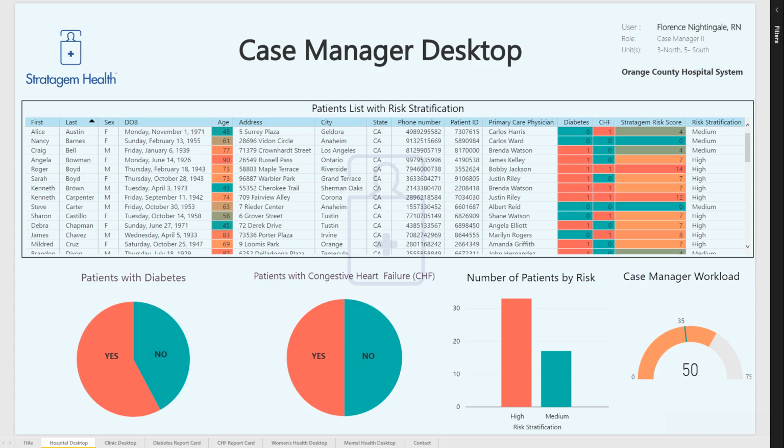Now, Stratagem Health has developed a specific algorithm that is based off of the patient's age, sex, social or living condition, comorbidities such as diabetes and congestive heart failure, if they're getting the appropriate treatment, referrals, imaging, labs, if they're taking their medications, and all that is compiled into the Stratagem Health risk score, and patients are stratified as medium or high.